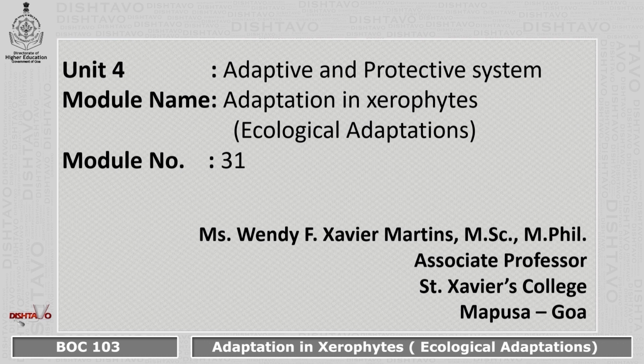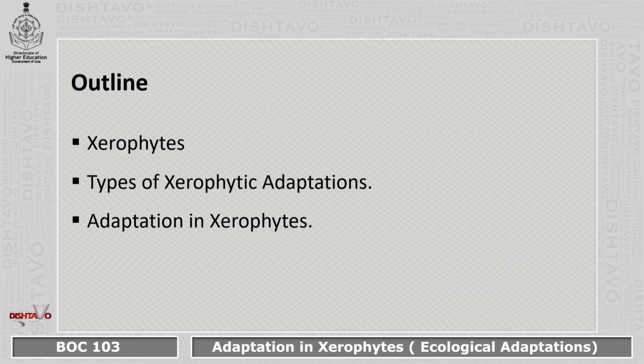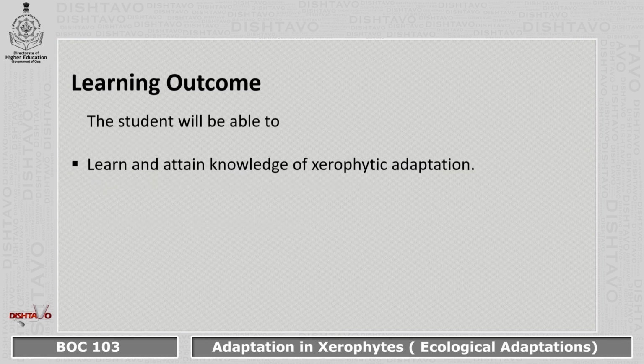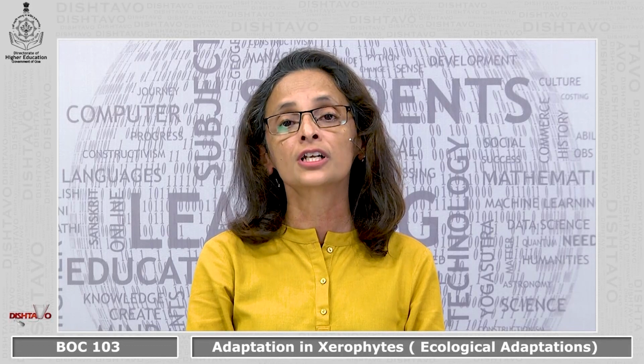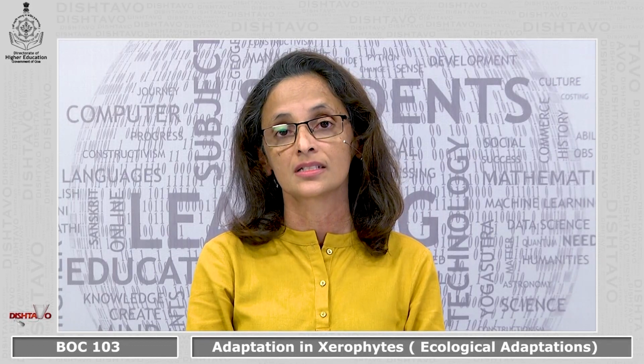Module number 31. The outline of today's session will be xerophytes, types of xerophytic adaptations, and adaptation in xerophytes. The learning outcomes: students will be able to learn and attain knowledge of xerophytic adaptation. On the surface of the earth, there are different types of plants.